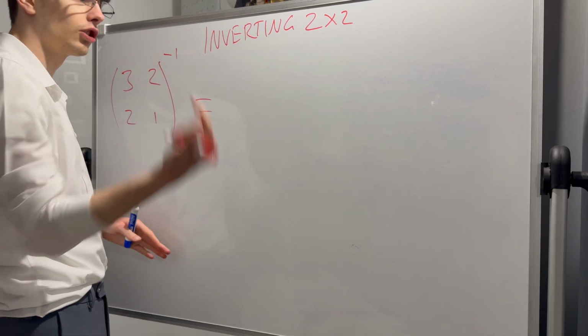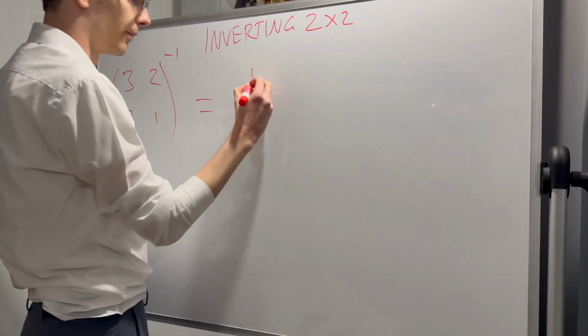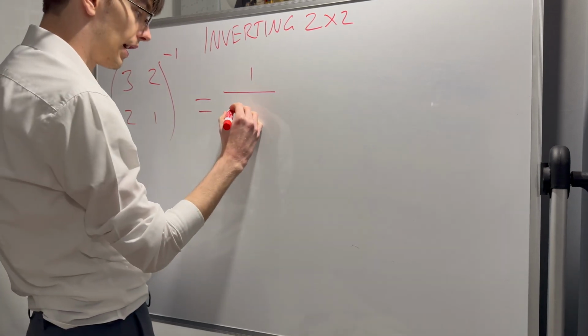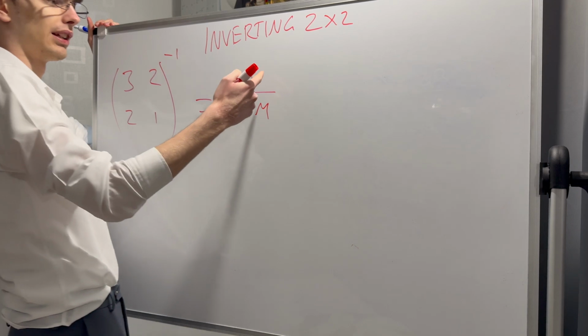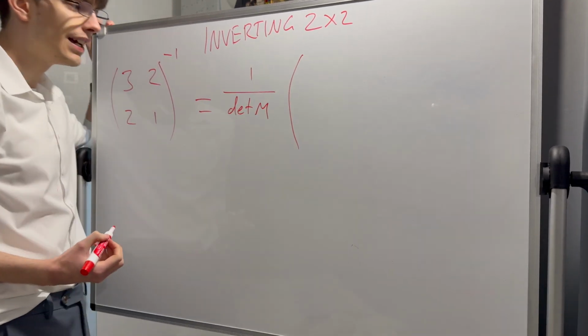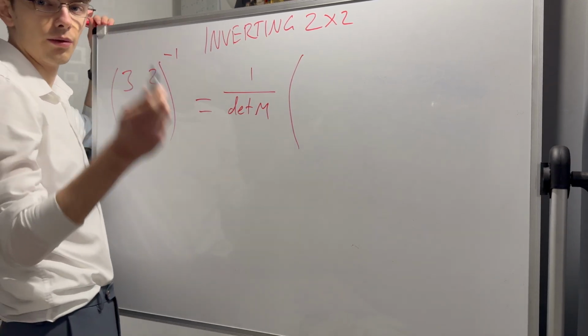If you need a reminder, go back to my last video where we spoke about how to calculate a determinant, but we're going to need it. Because what we want is to find the determinant and reciprocate it. So if this is my matrix M, I'm going to take 1 divided by the determinant of my matrix.